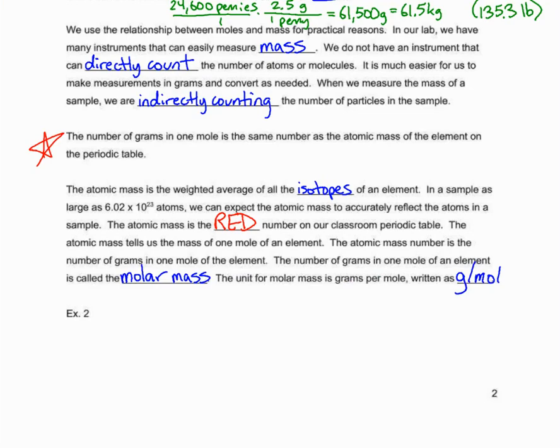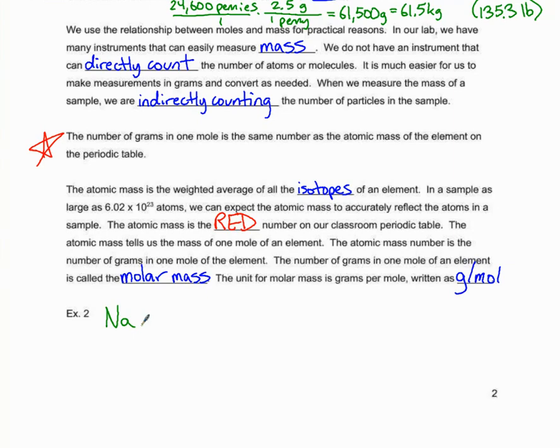So you should have a periodic table somewhere around in your binder. So get it out now so that we can take a look at it. And we're going to look at some specific elements. So let's say that we want to know the mass of 1 mole of sodium.